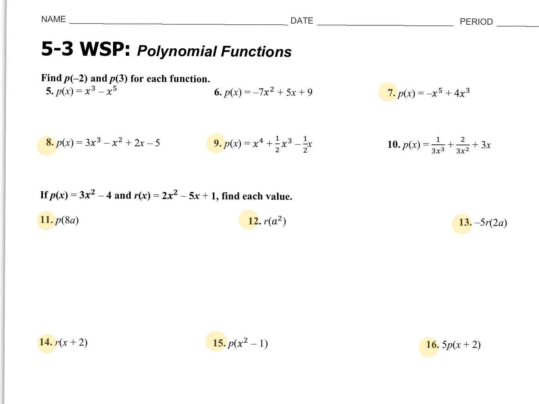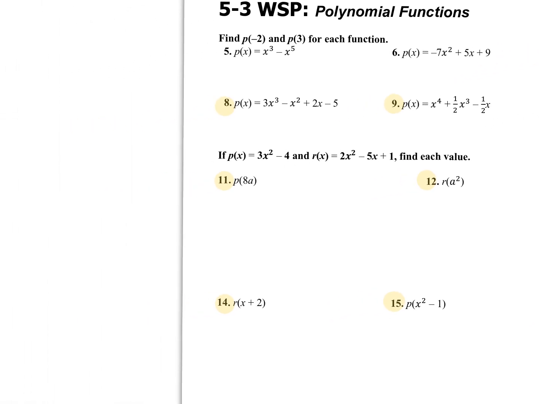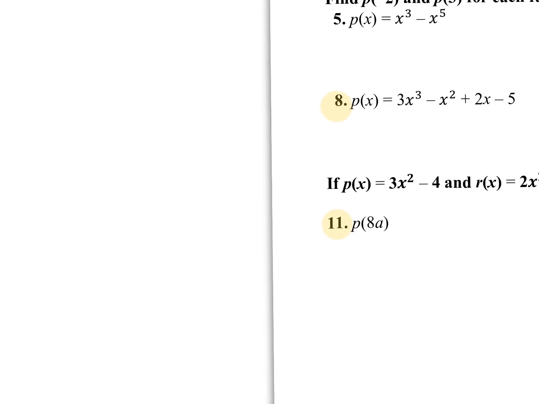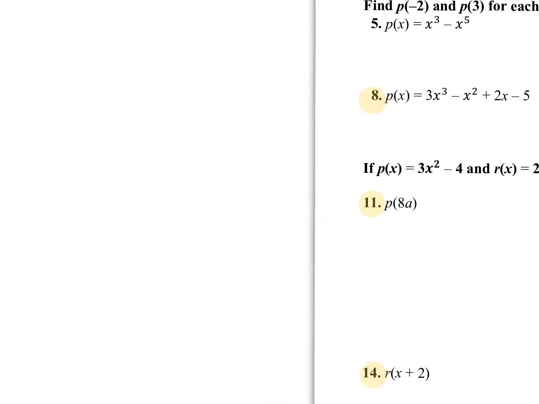You know what? On this top section, it might be worth reminding you guys that synthetic division that we learned just recently also could be used as synthetic substitution. For example, number 8, it says plug in P of negative 2.